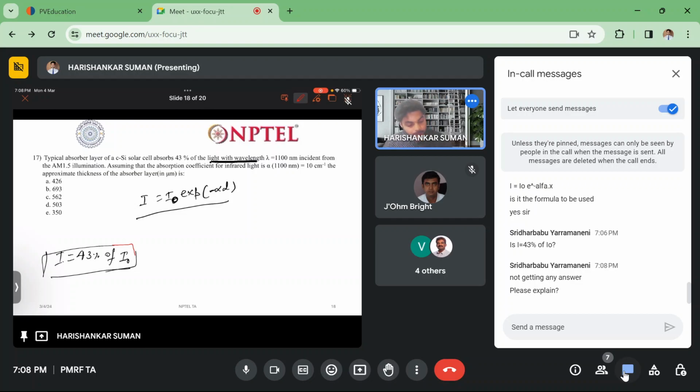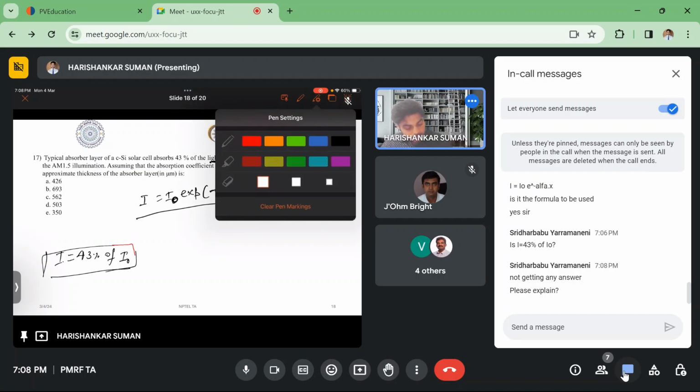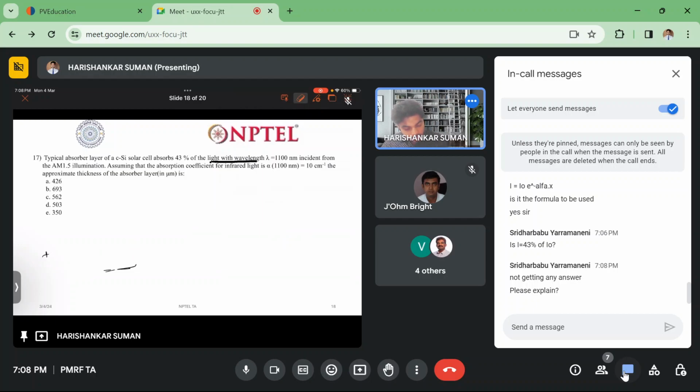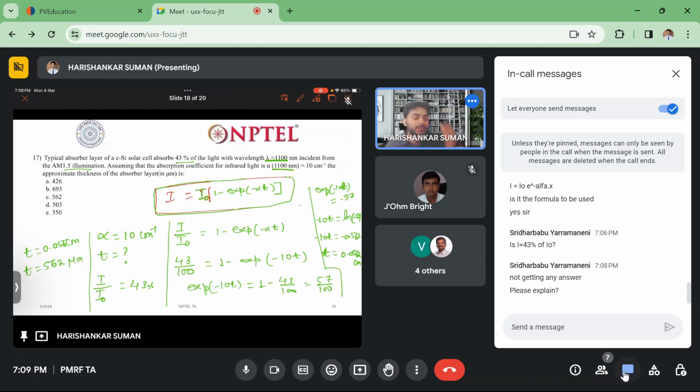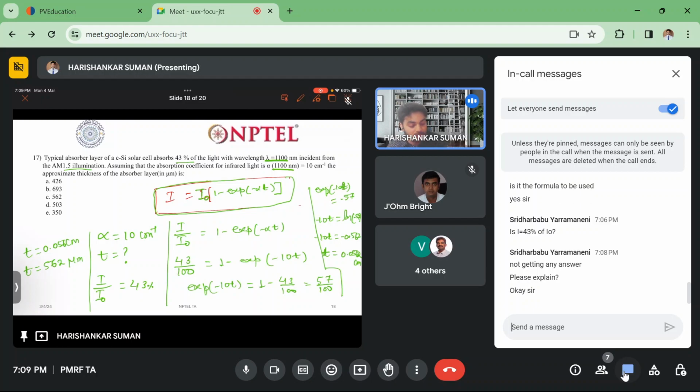Okay, so please look. I equals I naught times 1 minus, sorry, I wrote the wrong formula. The formula is 1 minus exponential of minus alpha t. Now please look.